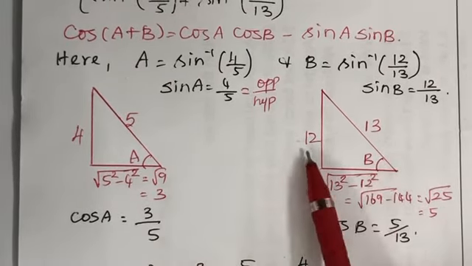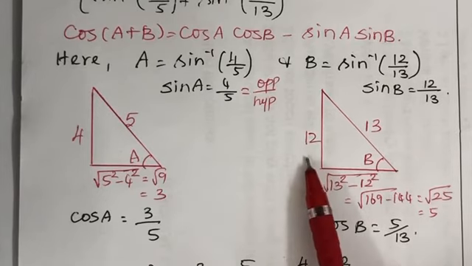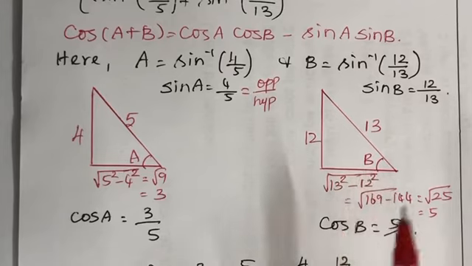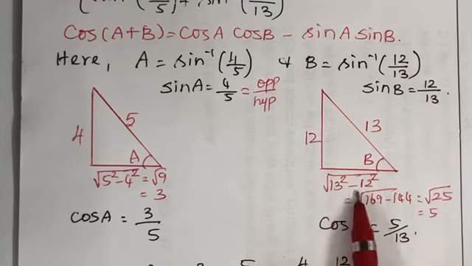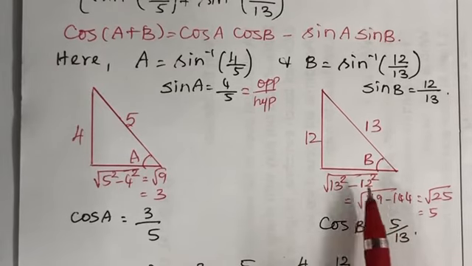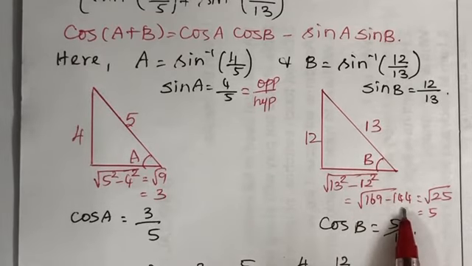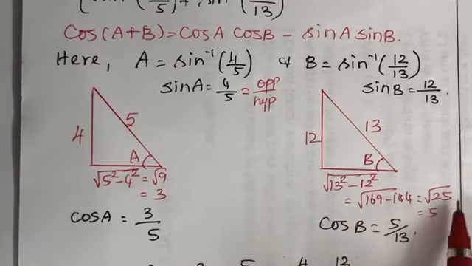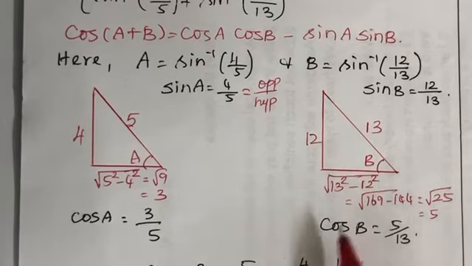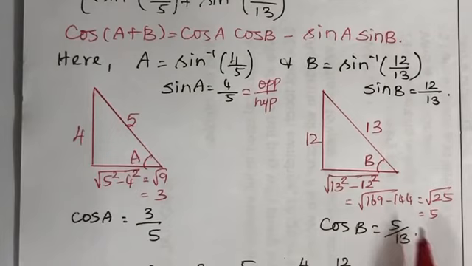Here as well, the opposite side is 12 and hypotenuse is 13. We have to find the adjacent: square root of 13 square minus 12 square. 13 square is 169 minus 12 square is 144. While subtracting you get 25, square root of 25 is 5. So cos B equal to 5 by 13.